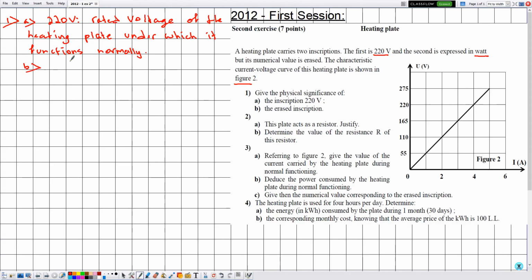Now part B, the erased inscription. So this is rated.